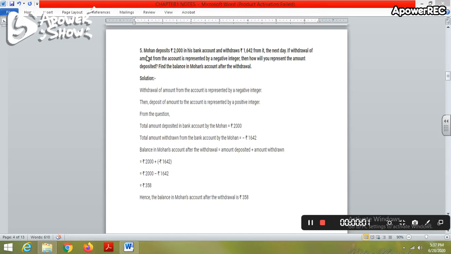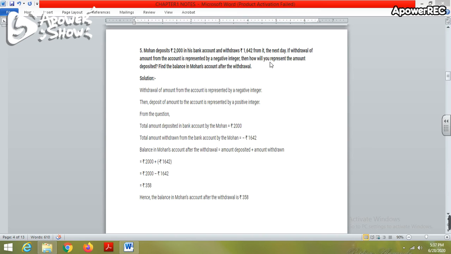Question number 5 says Mohan deposits rupees 2,000 in his bank account and withdraws rupees 1,642 from it the next day. If withdrawal of amount from the account is represented by a negative integer, then how will you represent the amount which is deposited?